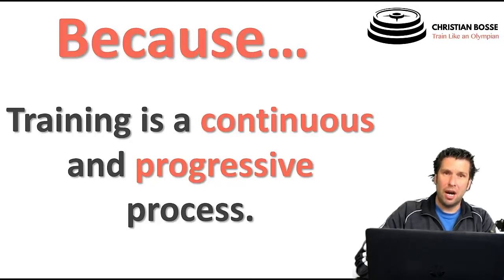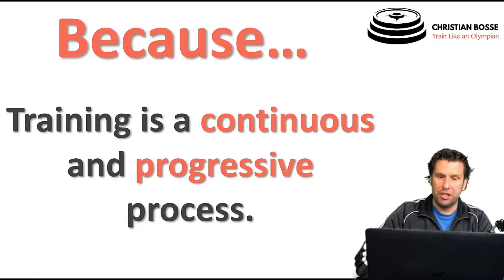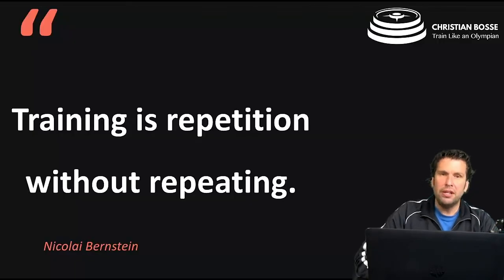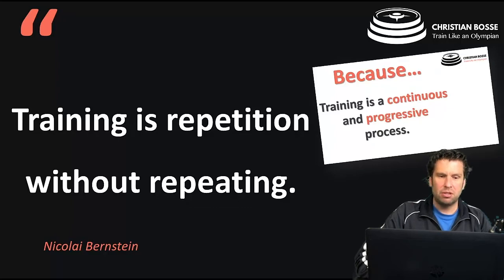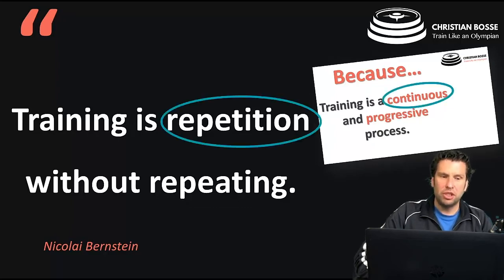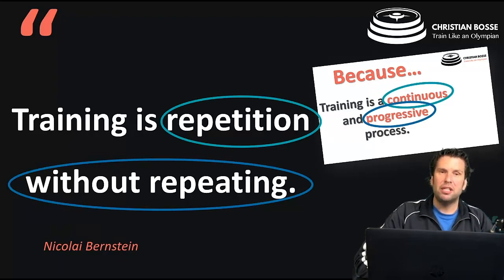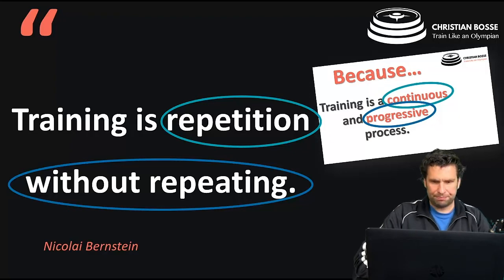But actually what we are after in our training is we want to have continuity in our training. We want to have a continuous and progressive process. And Nikolai Bernstein said it best, training as repetition without repeating, which means repetition is the continuous process and without repeating is progressive. So you're not doing the same thing again. It is repetitive, but you don't repeat.